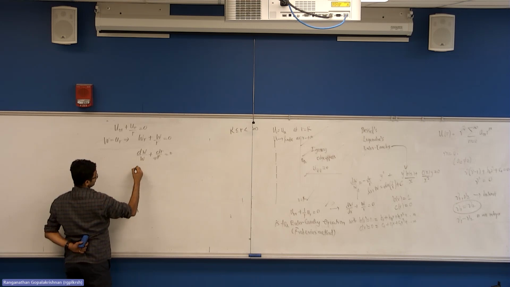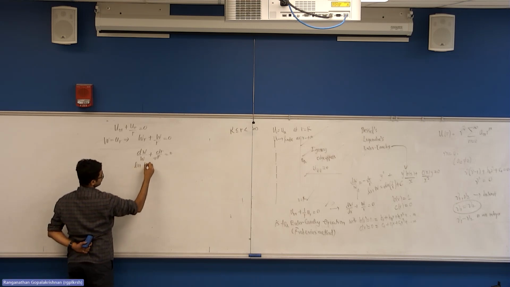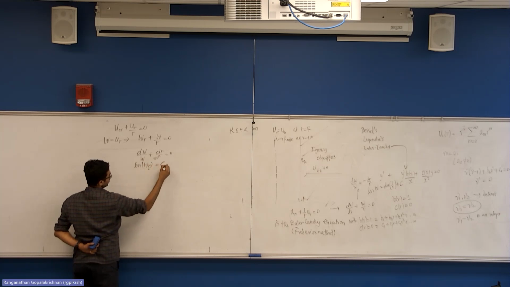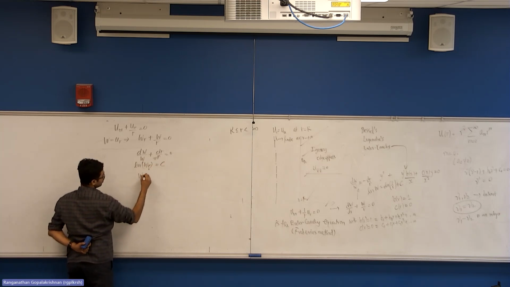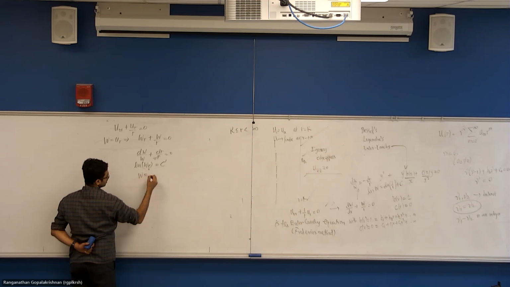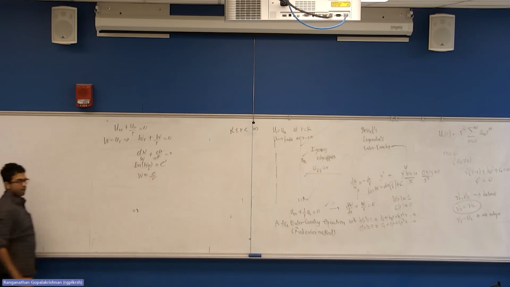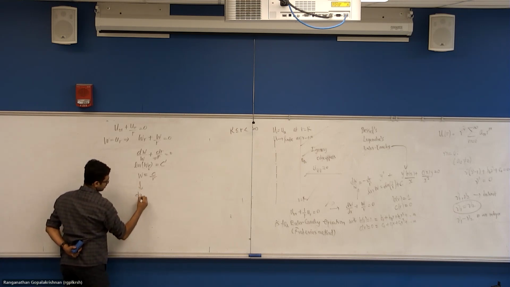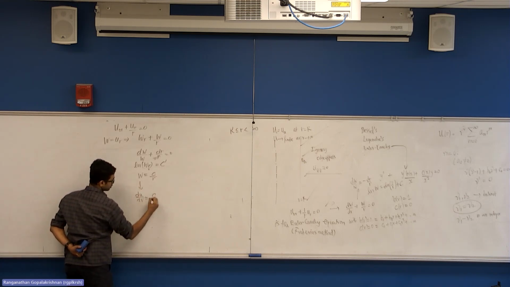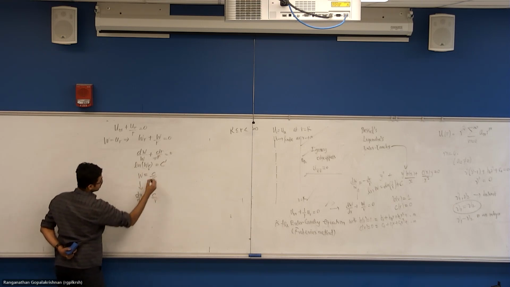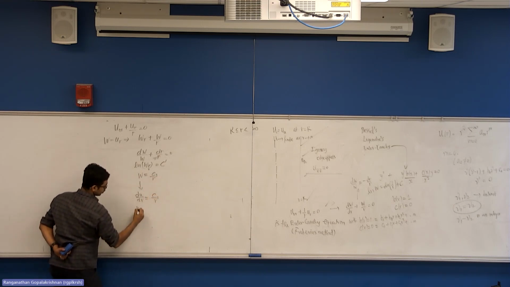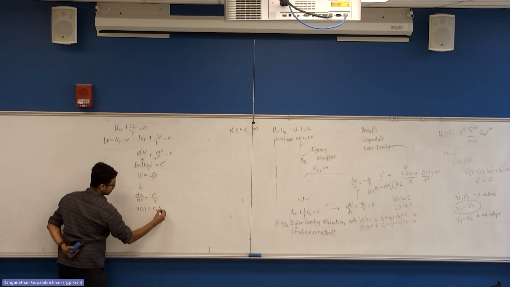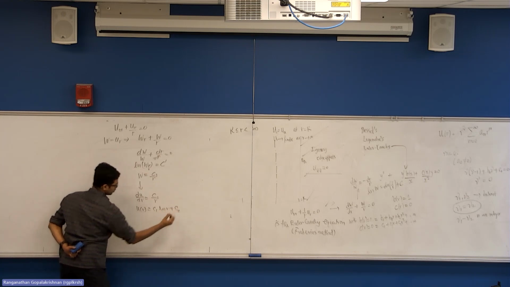And we have logarithm of W times r equal to constant, or W equals constant times 1 over r, and W itself is du over dr, which is constant over r, call it C1. So u of r is C1 ln r plus C2.